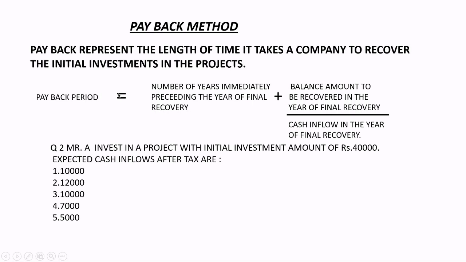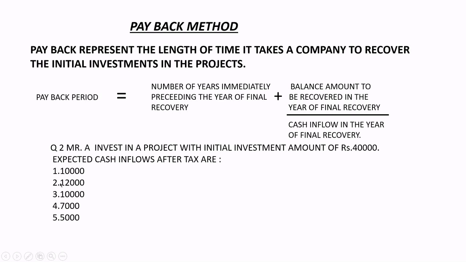I have a question for you. The question says that Mr. A invests in a project with an initial investment amount of 40,000 rupees. So here A invested 40,000 rupees somewhere, and in return, expected cash inflows after tax are 10,000 rupees. It means that in the first year, Mr. A received 10,000 rupees in return for his 40,000 rupees.